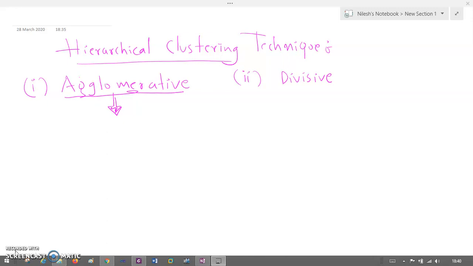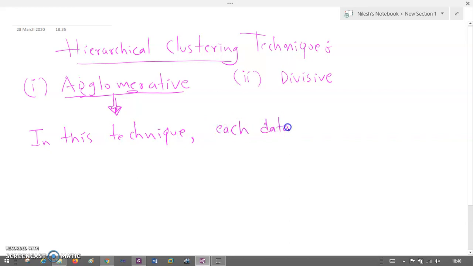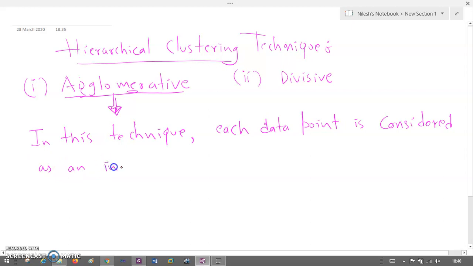I'm going to write it down here. In this technique, initially each data point is considered as an individual cluster.